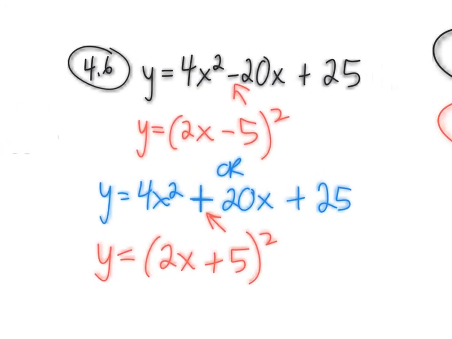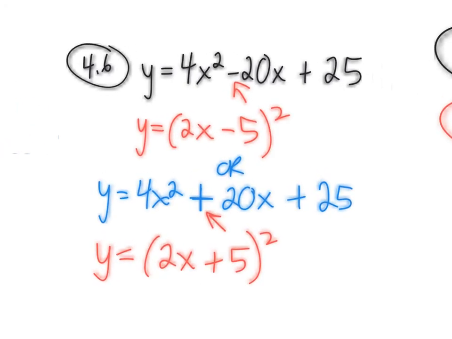So in this case, there's no common factor between negative 20 and 25. And since it's subtraction, the perfect square roots of 2x and 5 need to have a subtraction in the binomial. And because it's negative 20, we have a negative 5 in our bracket. And if it was positive 20, we'd have a positive 5 in our bracket.